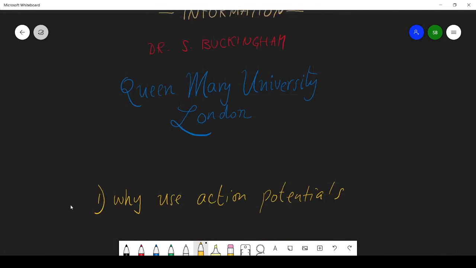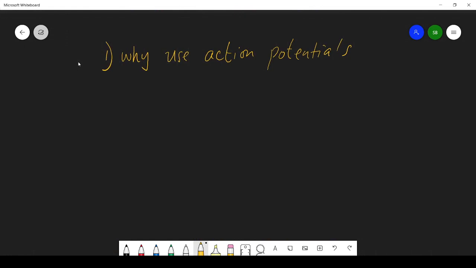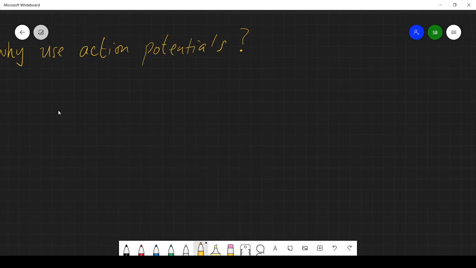So my first question is, why does the nervous system use action potentials? As you probably know, most information is transmitted around the nervous system in terms of action potentials.